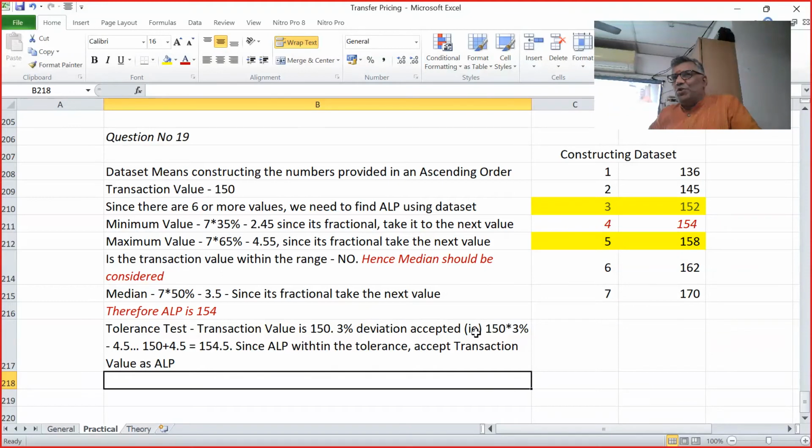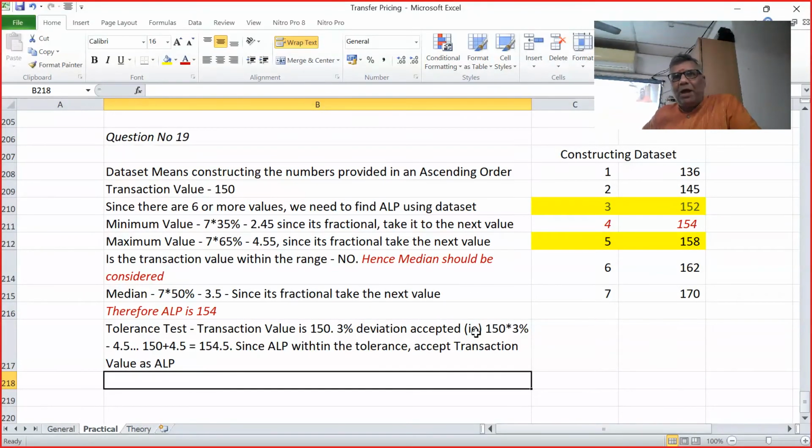I have sold it. Please take this as an example. I have sold it to you for 100 rupees but the transaction value is 102. I mean ALP is 102. Is it within 3%?